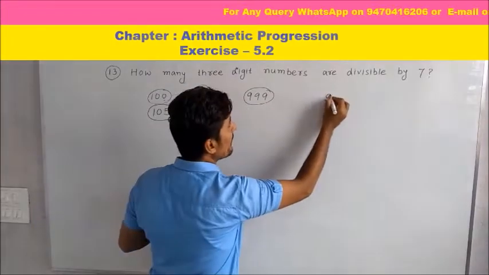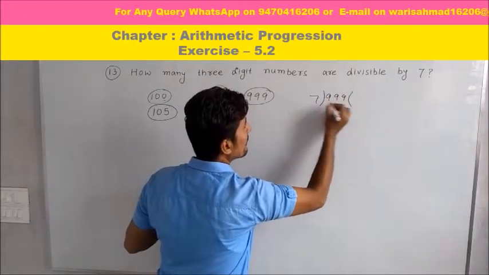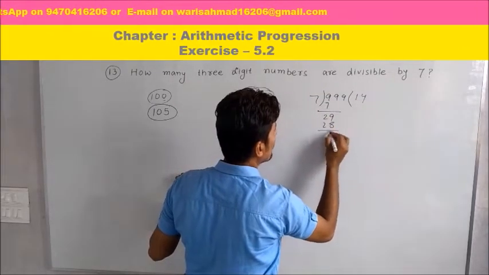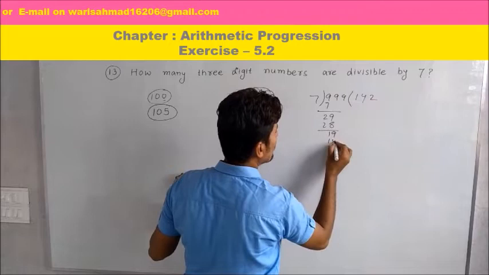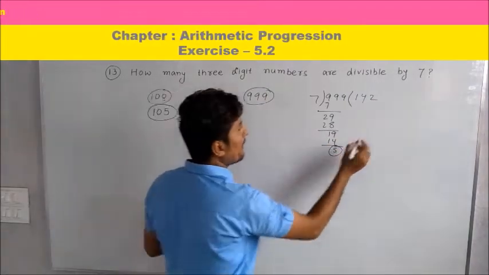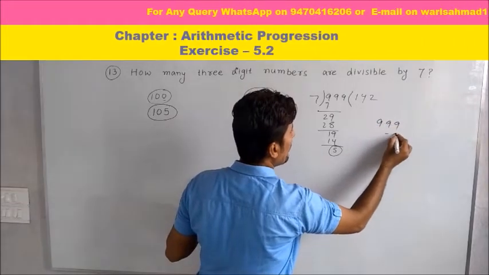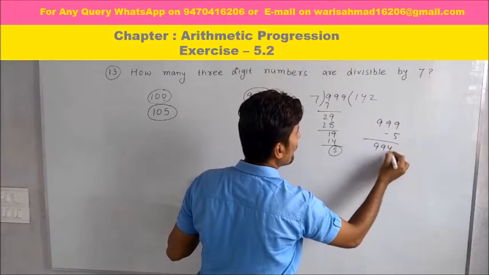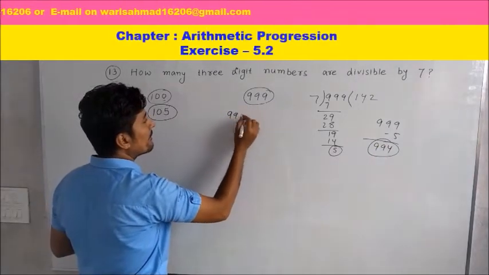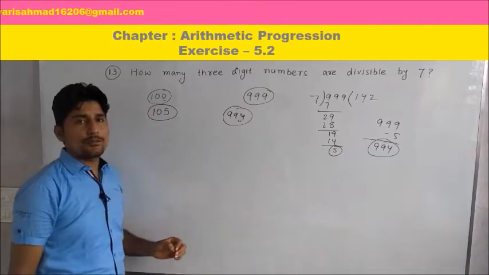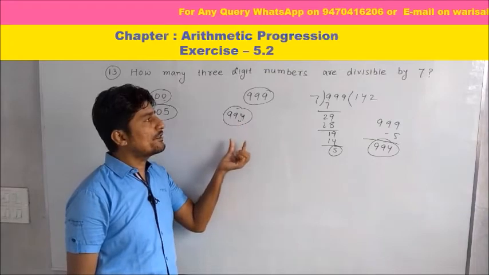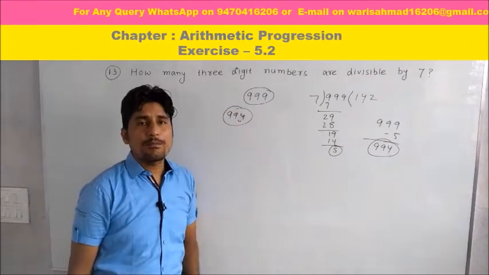Divide 999 by 7. We get the remainder 5. So 999 minus 5 equals 994. 994 is the greatest 3-digit number which is divisible by 7.